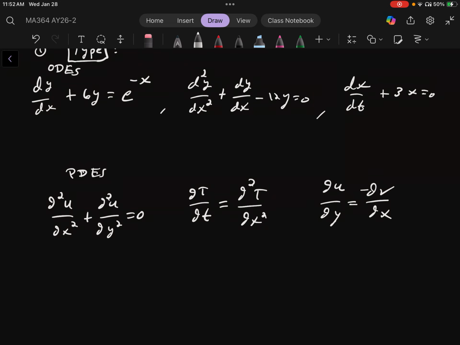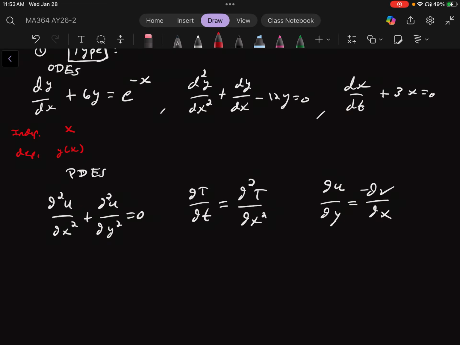So what I would like to go through is what are the independent and the dependent variables, and that kind of screams at why it's a PDE versus an ODE. So for example, let's list the independent and the dependent variables here. For the independent variable in the first equation right here, it's x, and we're thinking about y being a function of x.